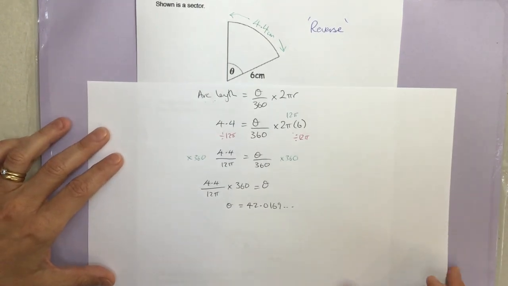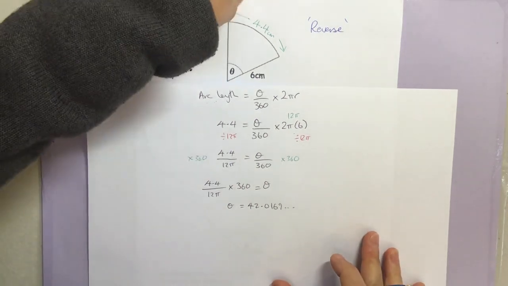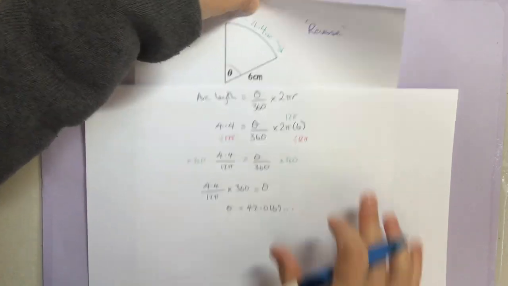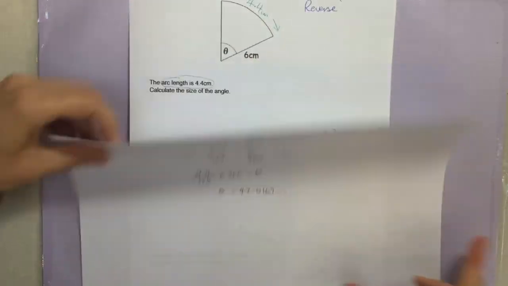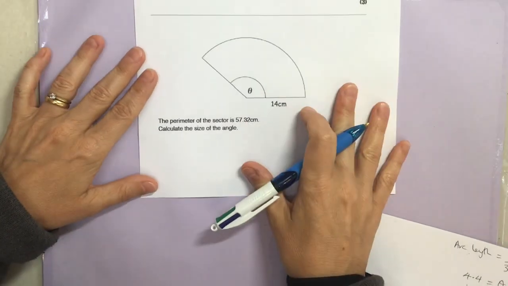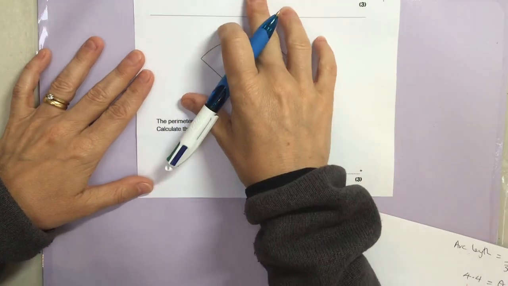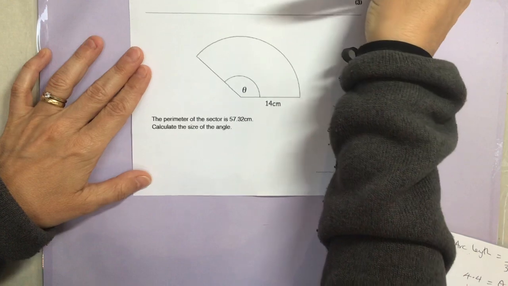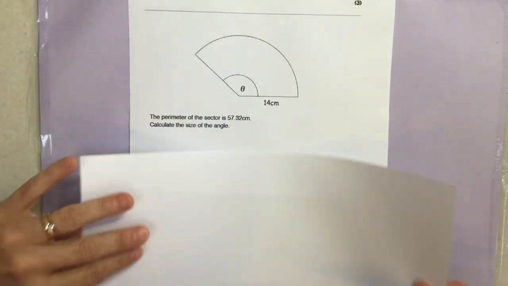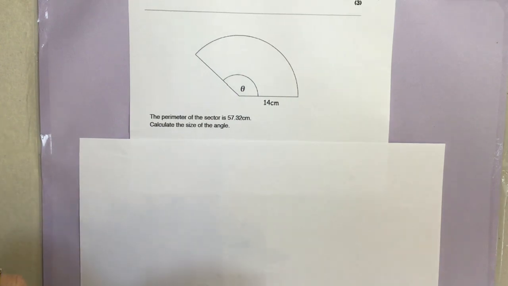And the last example we're going to do today is the same sort of thing, a reverse question, but in this case, instead of being given the arc length, we're going to be given the perimeter. So let's have a look at doing this one. Let's see what we're given in this question.